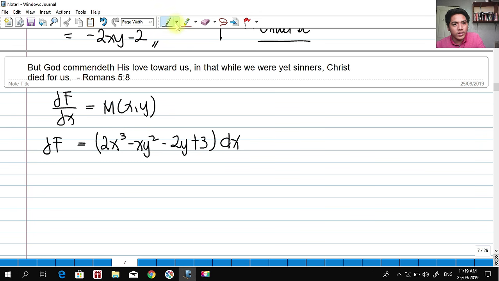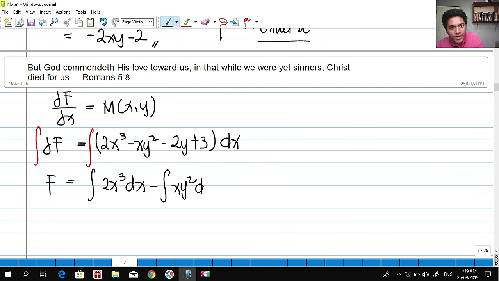So if I'm going to integrate both sides so as to get the f, because that is our solution again, I have here f is equal now to, distributing the integral over dx, 2x cubed dx minus xy squared dx minus the integral of 2y dx plus the integral of 3 dx.